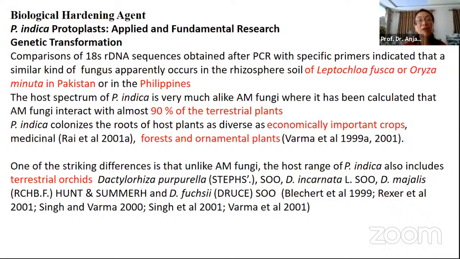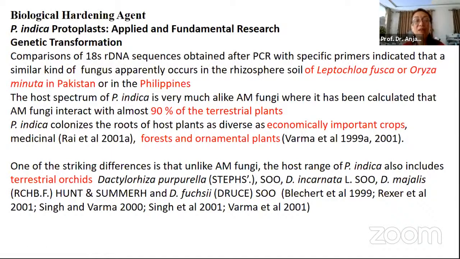And the whole spectrum of Piriformospora indica is very much like AMF fungi, where it can be calculated that AMF fungi interact with almost 90% of the terrestrial plants. And this also colonizes the roots of host plants as diverse as economically important plants.